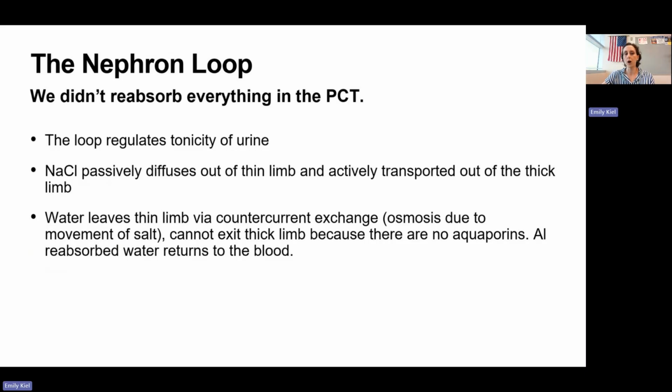Water will leave the thin limb via a countercurrent exchange, so osmosis from the movement of salt, but it cannot exit the thick limb because there are no aquaporins. And then all the reabsorbed water will return into the blood. So it is passive out of the thin limb to reabsorb the water, and the water's coming along for a ride with the sodium. But the thick limb is a more active transport out, and it is just for solute reabsorption, not for water.